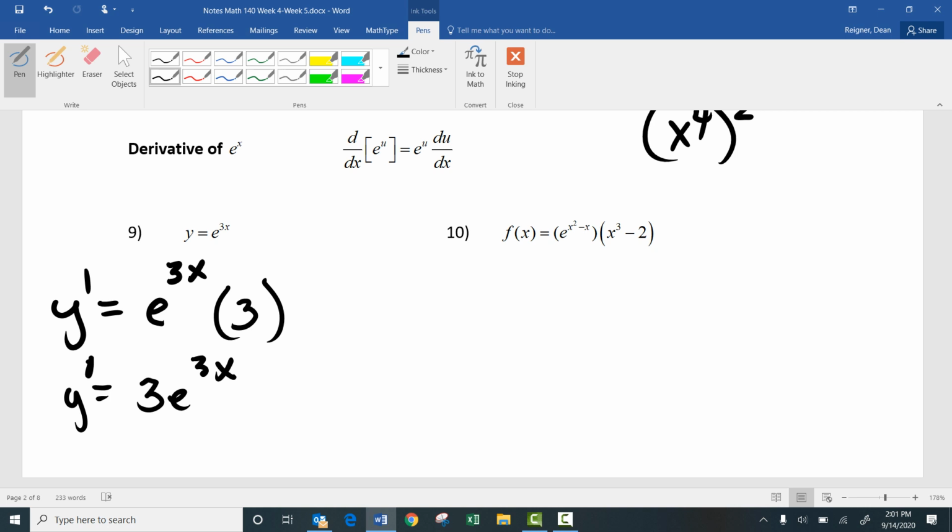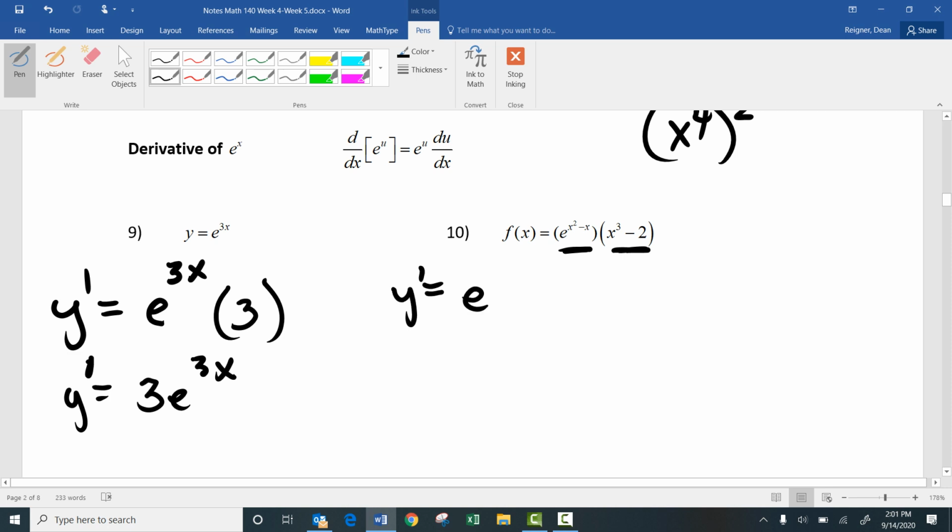Okay, the next one, number 10, kind of illustrates two things that are going on here. You should see two things that are multiplied by one another. So when you see that, you should think the product rule. So here we go. Product rule is first guy, so this is the first guy, derivative of the second guy.